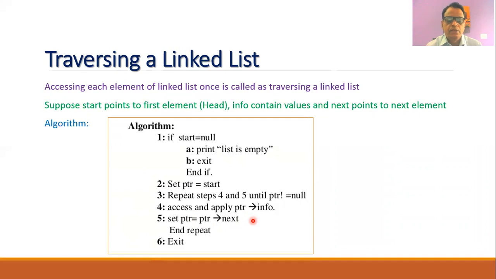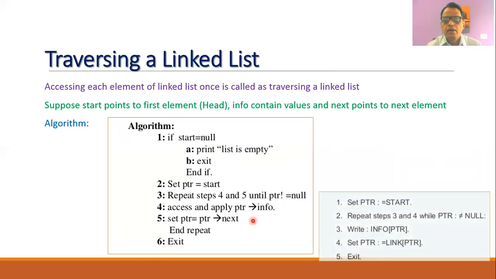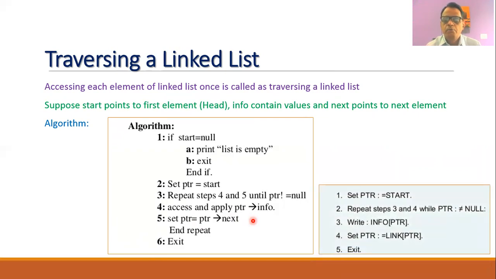Now, suppose we want to print the elements of the linked list, then in such a case, we can modify the steps of the algorithm in this way. We can set the pointer equal to start, and then we will repeat steps 3 and 4 while the pointer is not equal to null. And then we can write or print the info pointer.